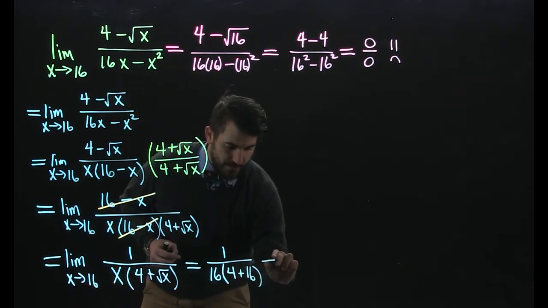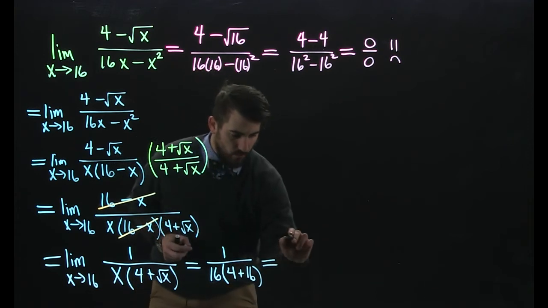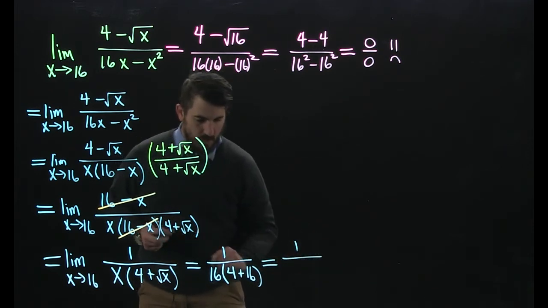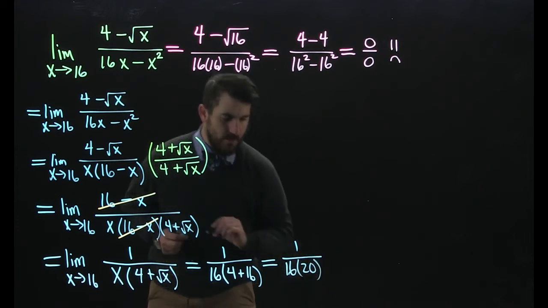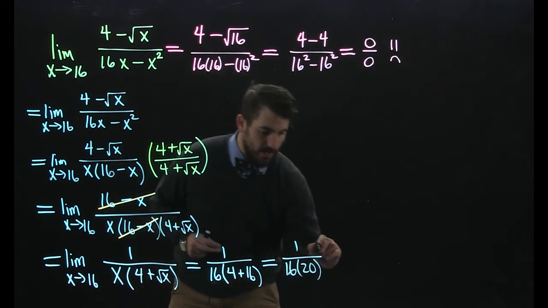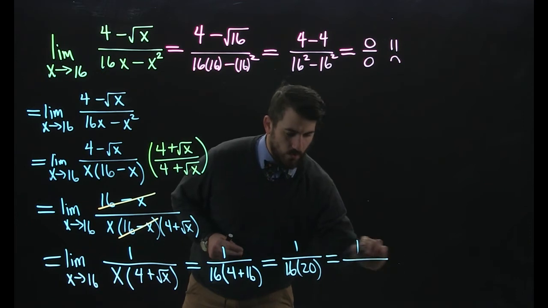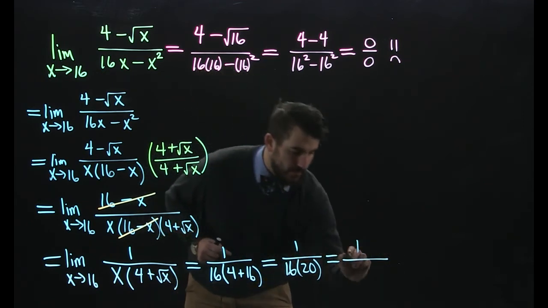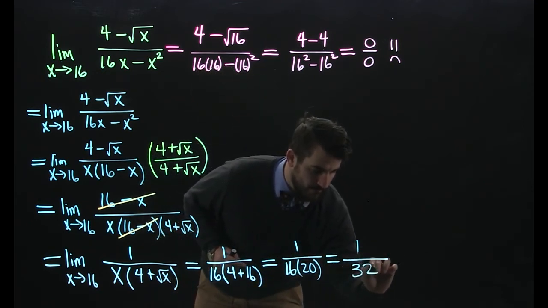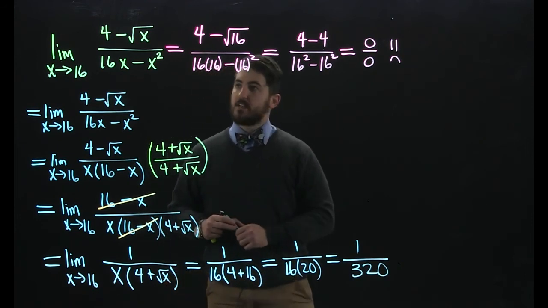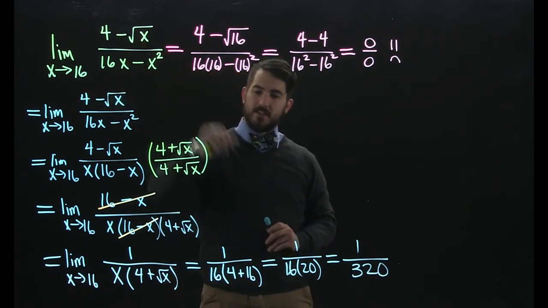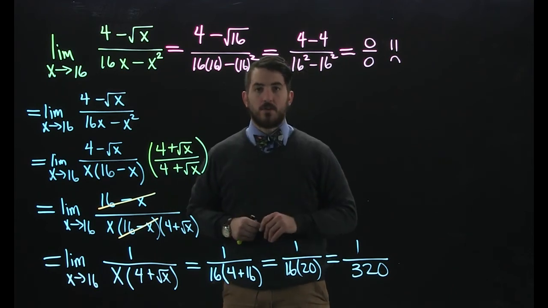And this is going to be 1 over 16 times 20. And so then that's going to be 1 over 320. And so our limit as x goes to 16 of this expression is 1 over 320.